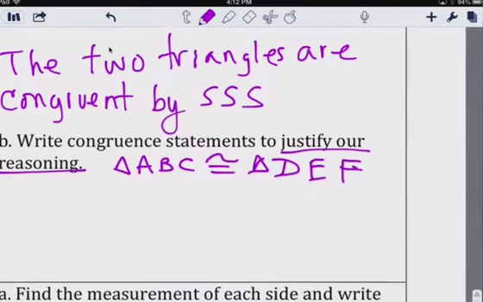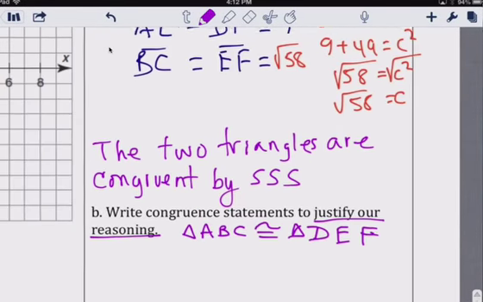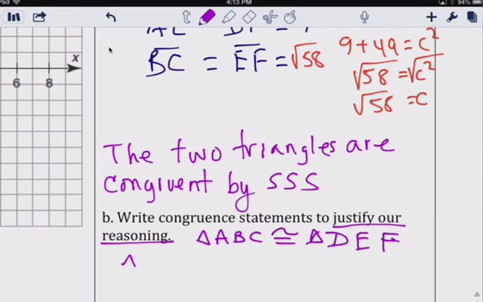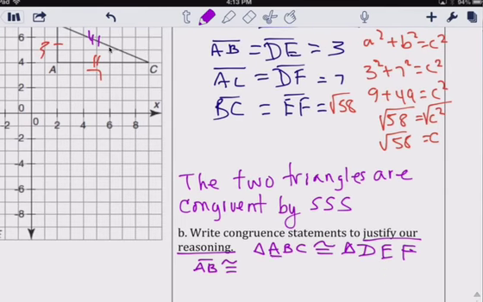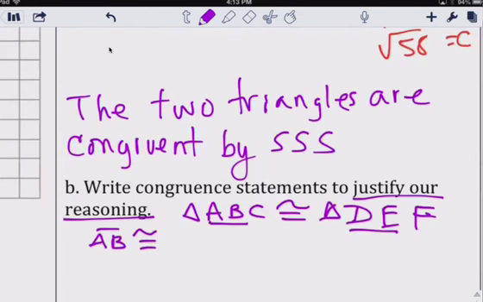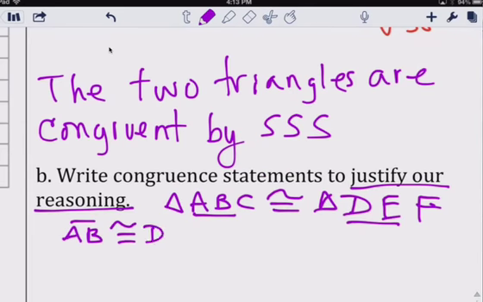Write congruent statement to justify your answer. So we know that AB is congruent to DE. Okay? Now, so AB, DE.